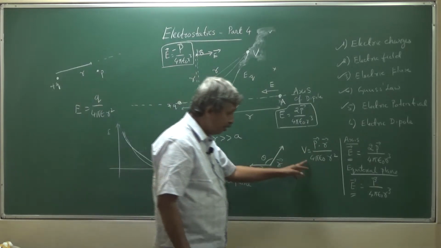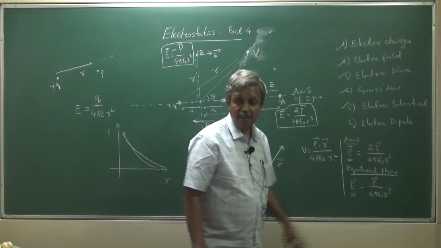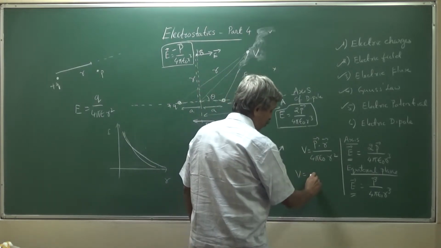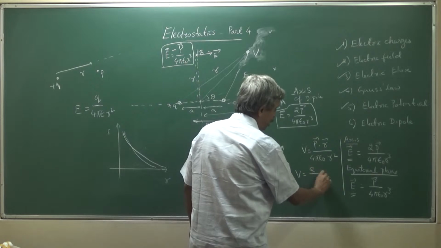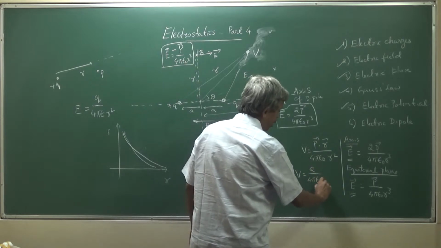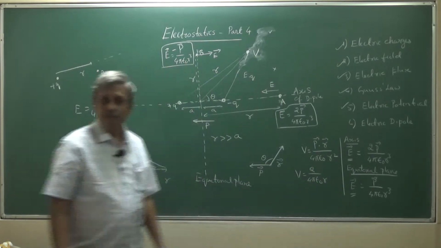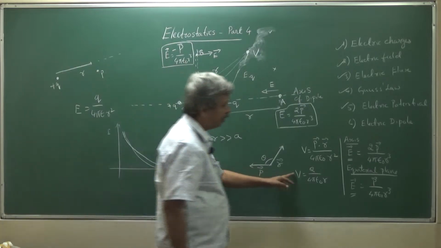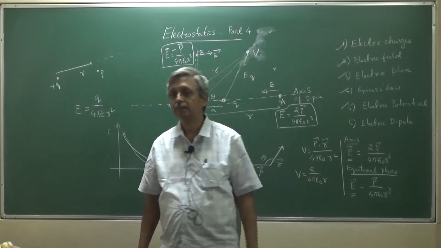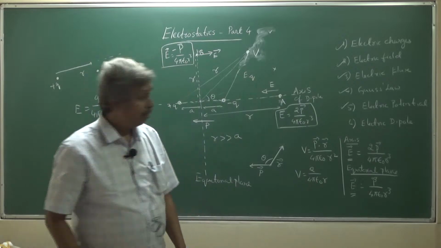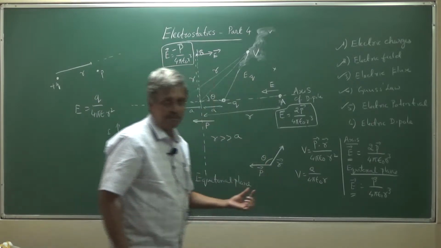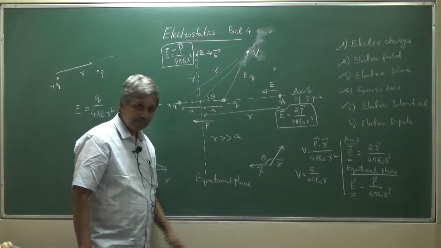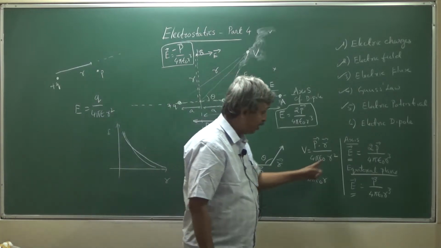And the denominator: for a single charge, V is equal to Q divided by 4 pi epsilon naught R. If you keep a single charge, potential is inversely proportional to R. But if you keep two opposite charges, plus and minus, separated by distance, then potential varies as 1 over R square.